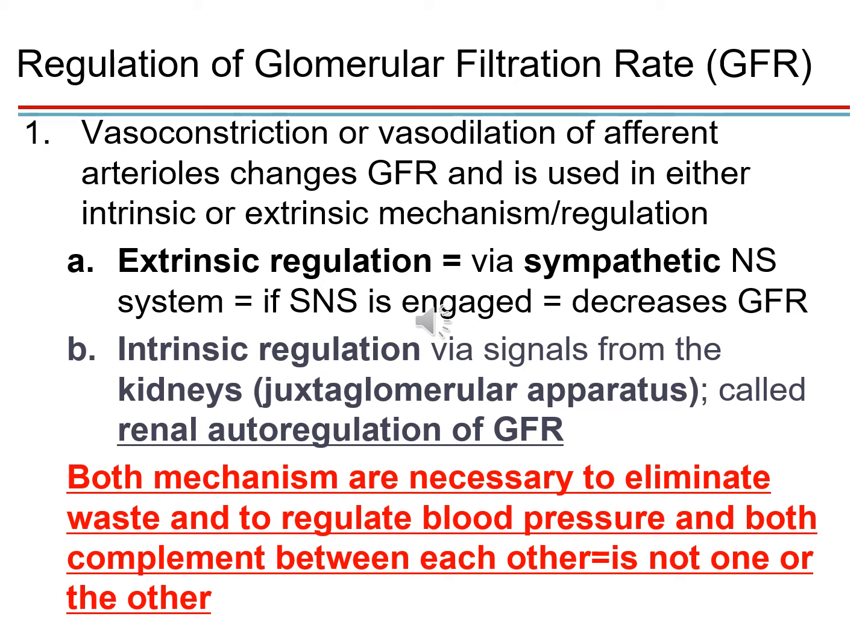Both mechanisms are necessary to eliminate waste and to regulate the blood pressure, and both complement each other. It's not one or the other. They do not overlap; it's either the extrinsic or the intrinsic, not both acting simultaneously.